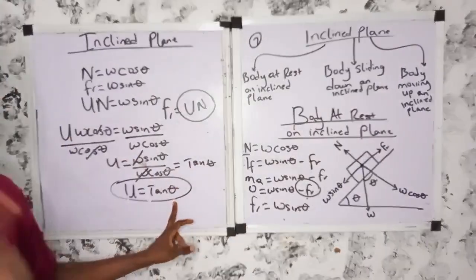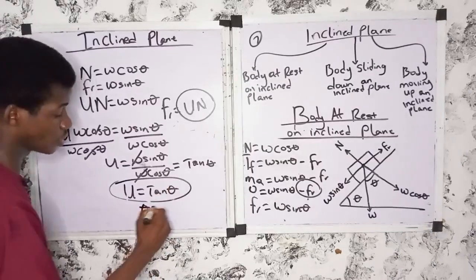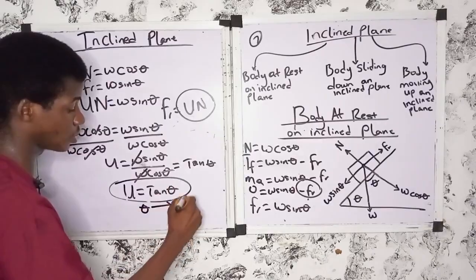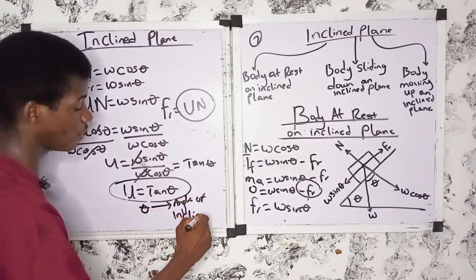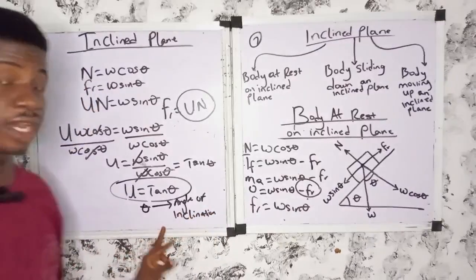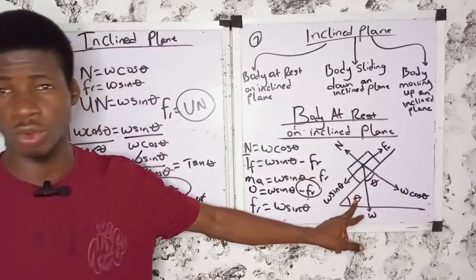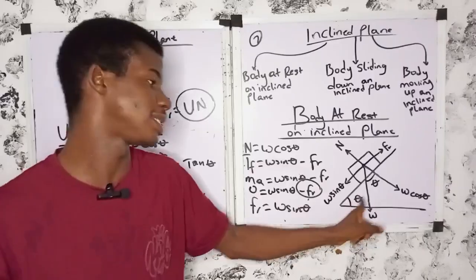Which other important thing do you need to know about? The angle. This angle is known as the angle of inclination. Take note, this angle here is the same as the angle here.